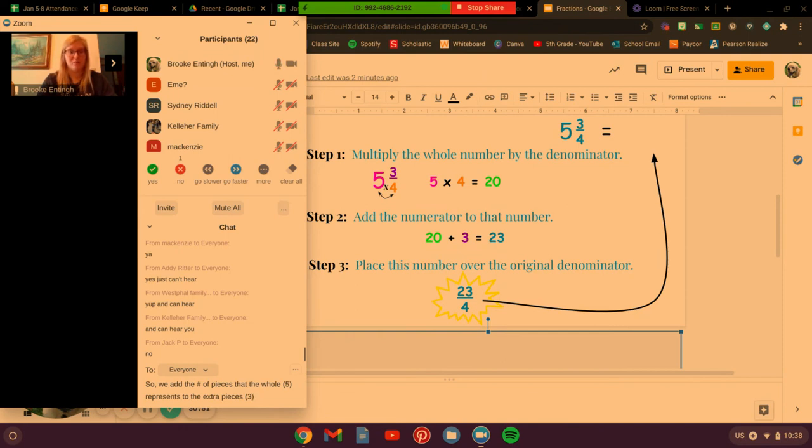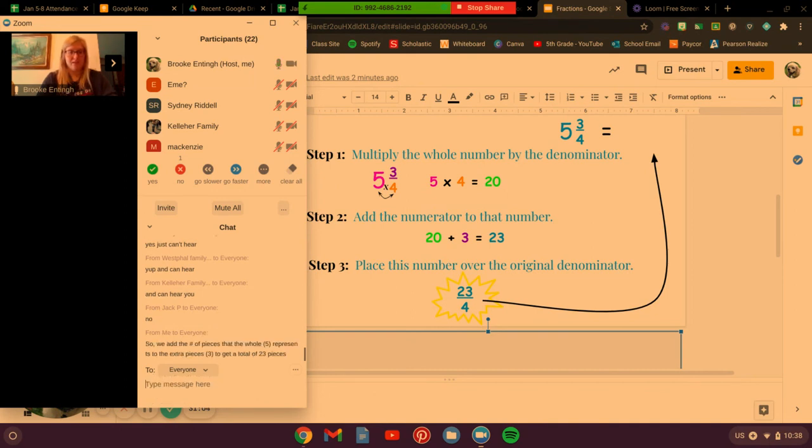I'm typing this out for people who can't hear me. So we add the number of pieces that the whole represents to the extra pieces to get a total of 23 pieces. I think that's kind of how I can phrase it.